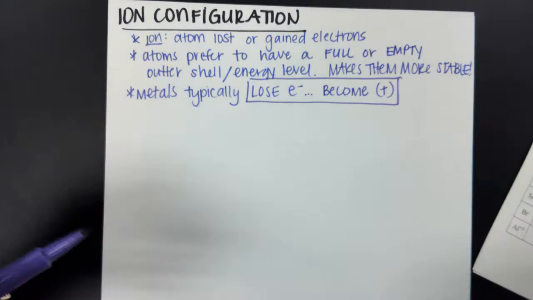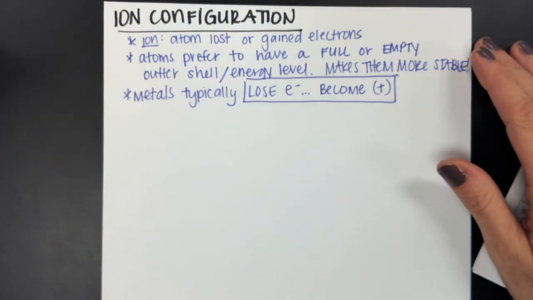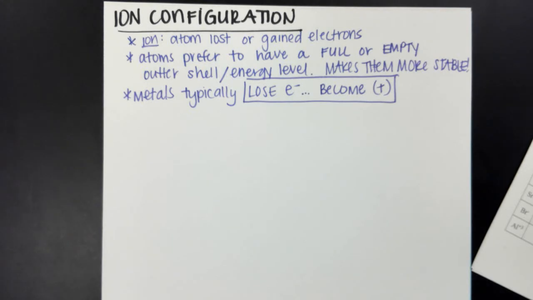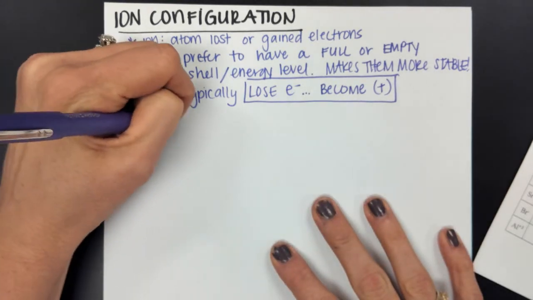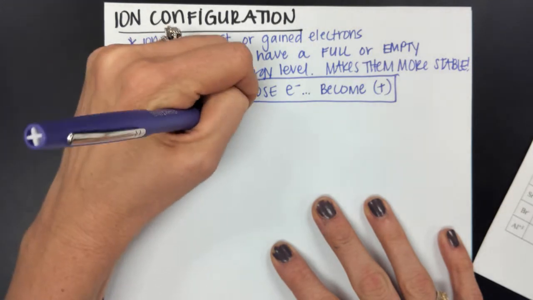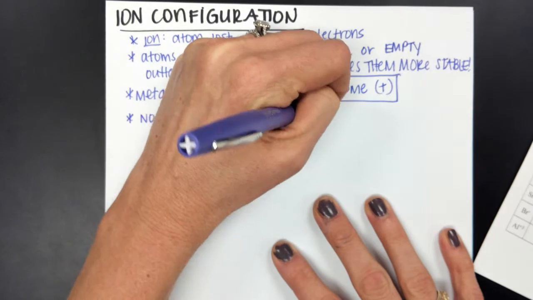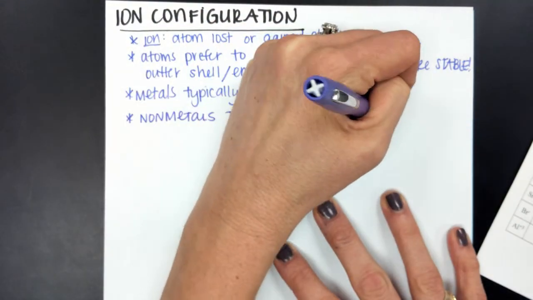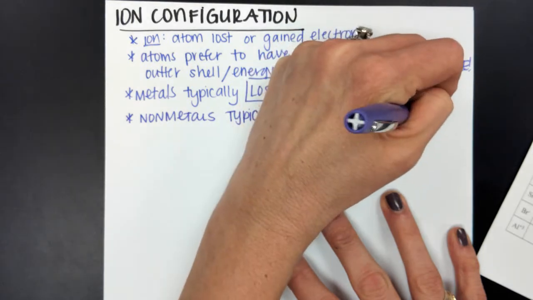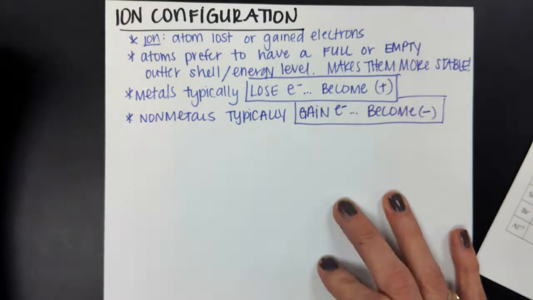Because if you're losing the negative particles, then you're going to have more protons. So you will be a positive ion. Nonmetals typically gain electrons and they become negative, right? Because if you gain the negative particles, you're going to gain that negativity.